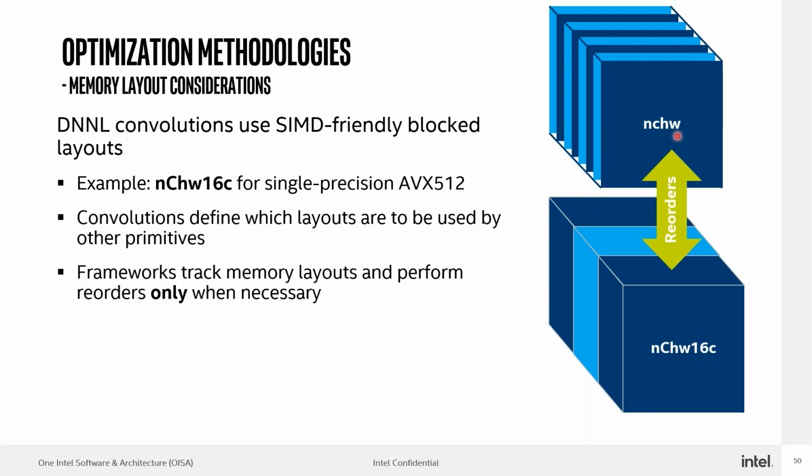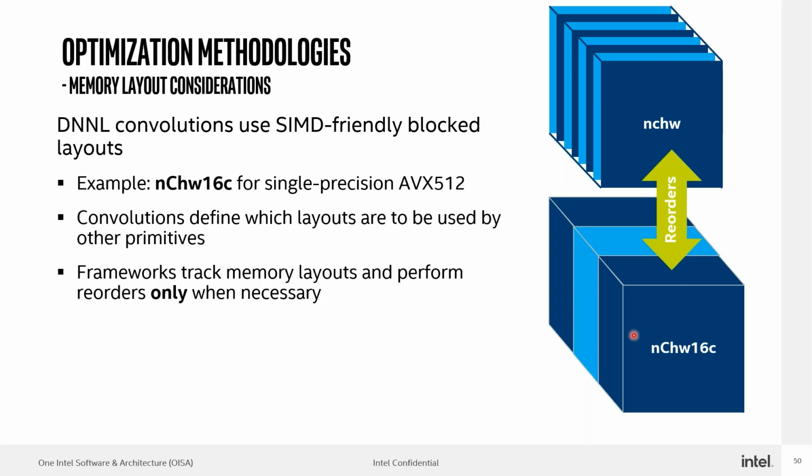So in oneDNN, we have our own, which is called the SIMD friendly blocked layout, like this NCHW16C. There is a series of these blocked layouts to adapt to multiple input data sizes or structures.